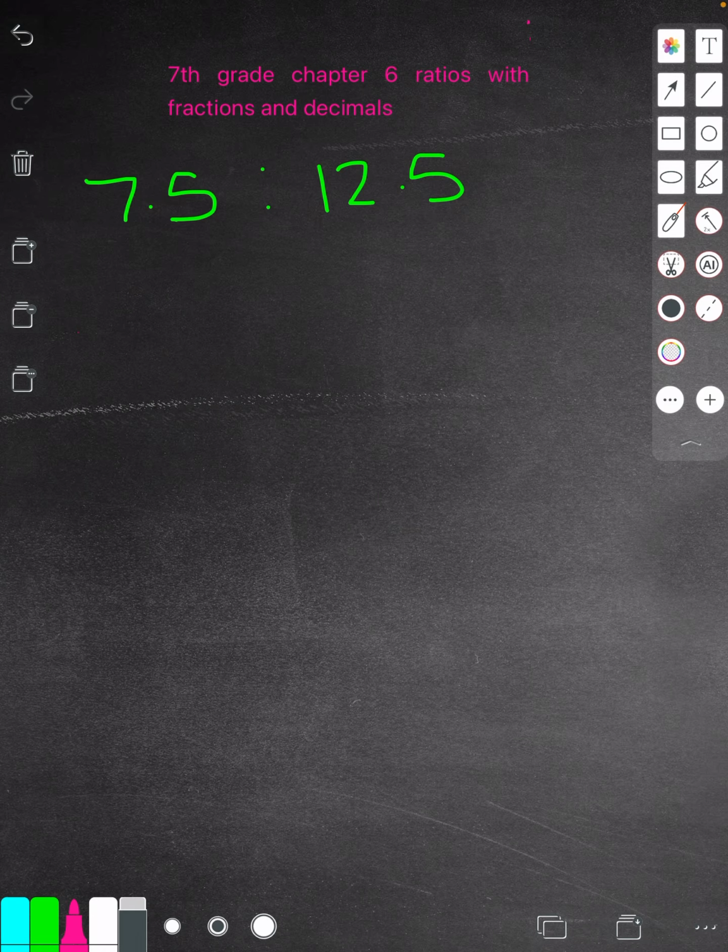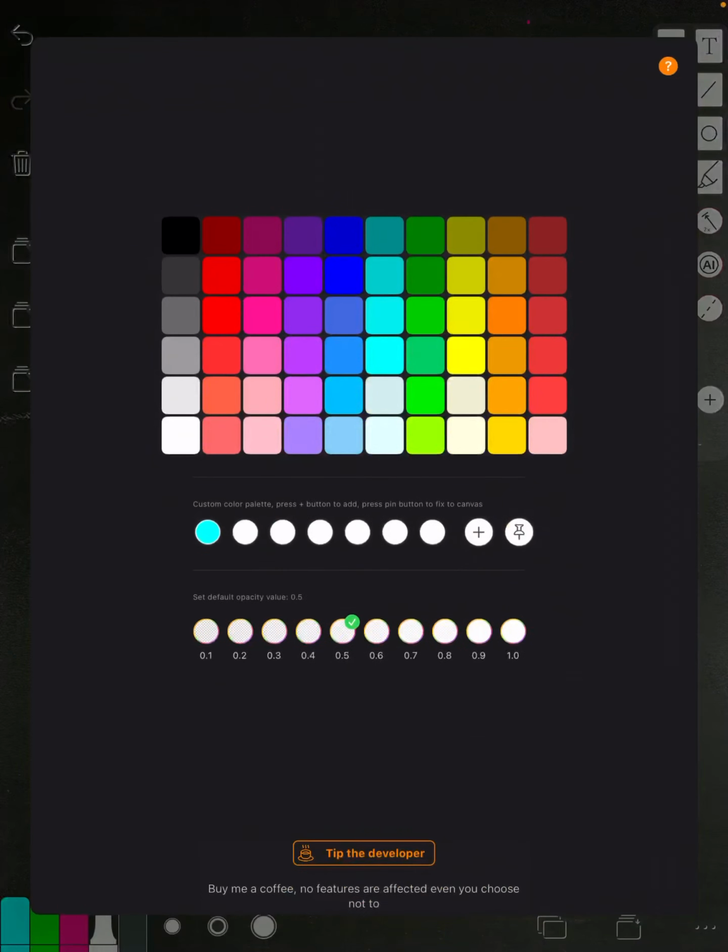For instance, if we had 130 and we were dividing it by 6.5, we would have to move this decimal. In order to move that decimal, what you're doing is you're multiplying by 10. You're getting rid of the decimal so that you can work with whole numbers. That's the same thing that we are going to do here. I want to get rid of that decimal, so I'm going to multiply both sides by 10.